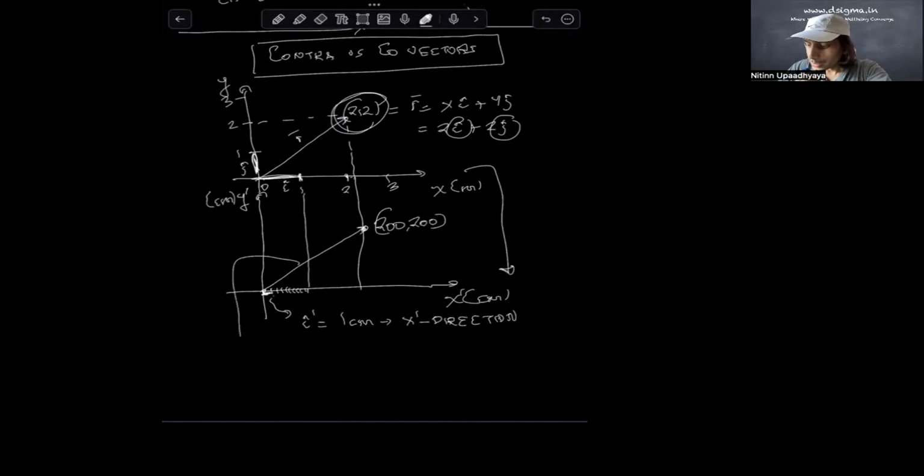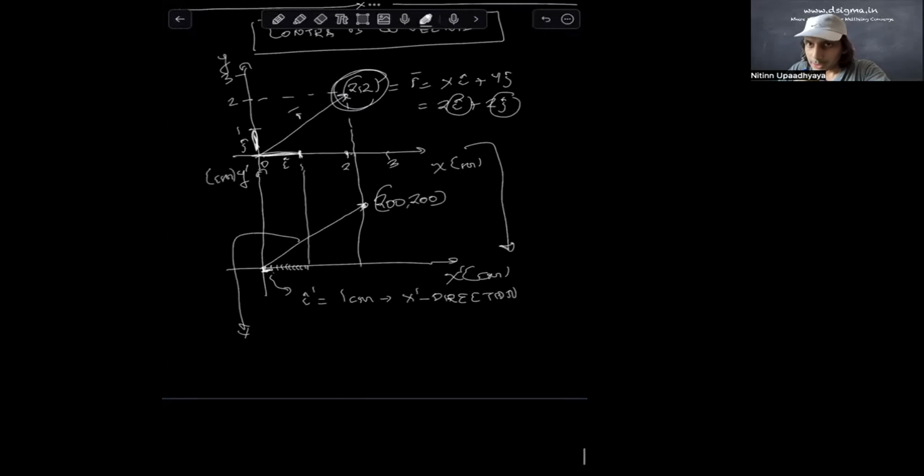So I can write this in terms of the new coordinate system and the new unit vectors we have defined in the following form. We can say r, the same position vector r, is now 200, but this time the units that we're using to measure is i prime, because i prime is trying to capture the fact that our ruler now has a spacing of 1 centimeter.